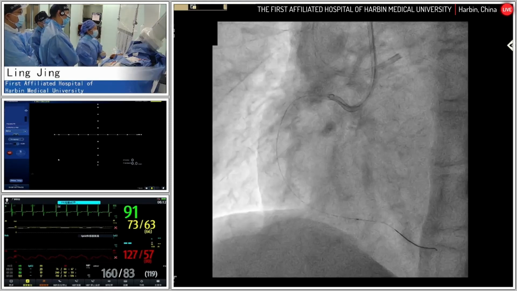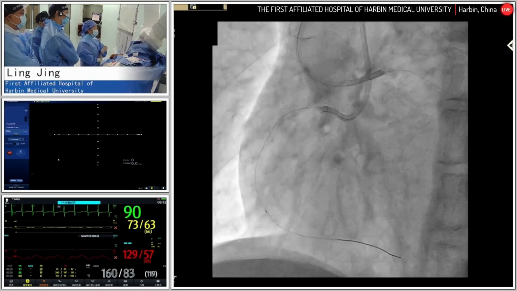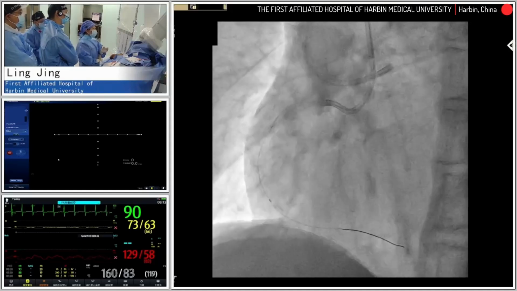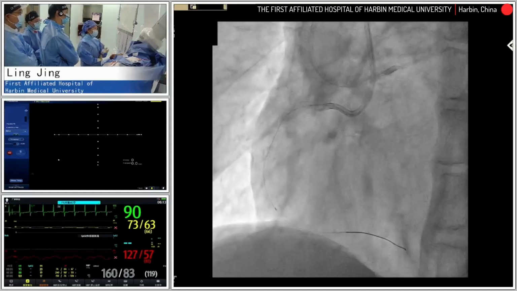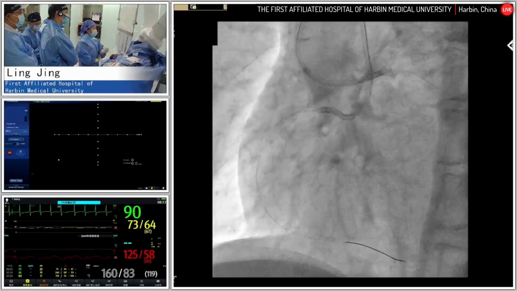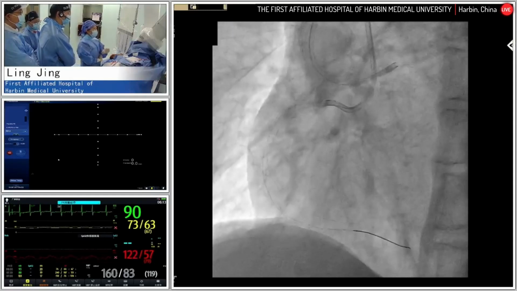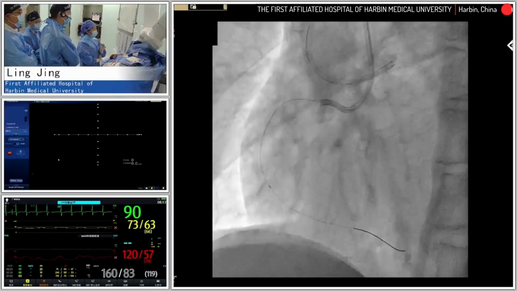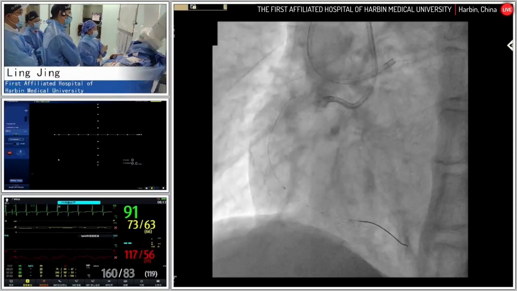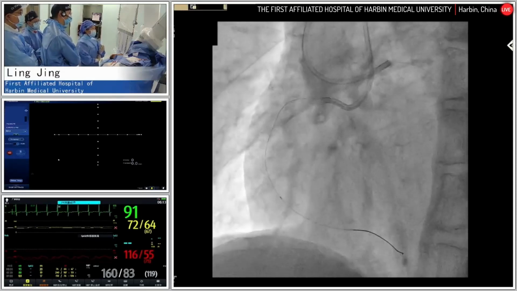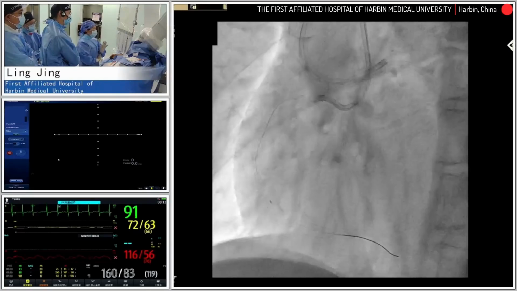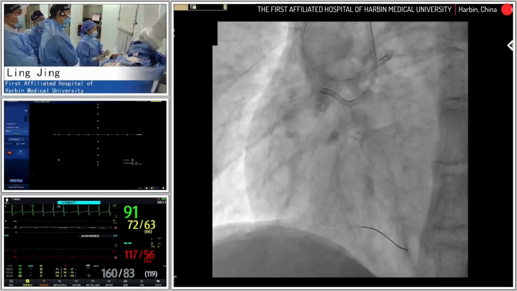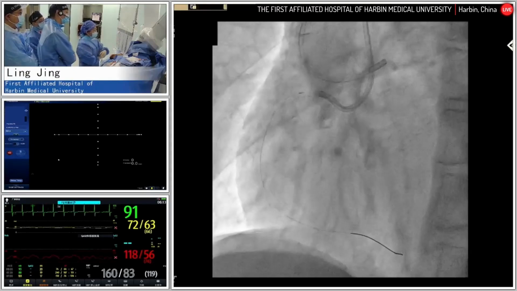First, we used a 1.0 balloon to dilate this vessel, but we met difficulty. So we changed to a micro dilate balloon, 1.25 by 12, to dilate this vessel, so we could cross it more easily.